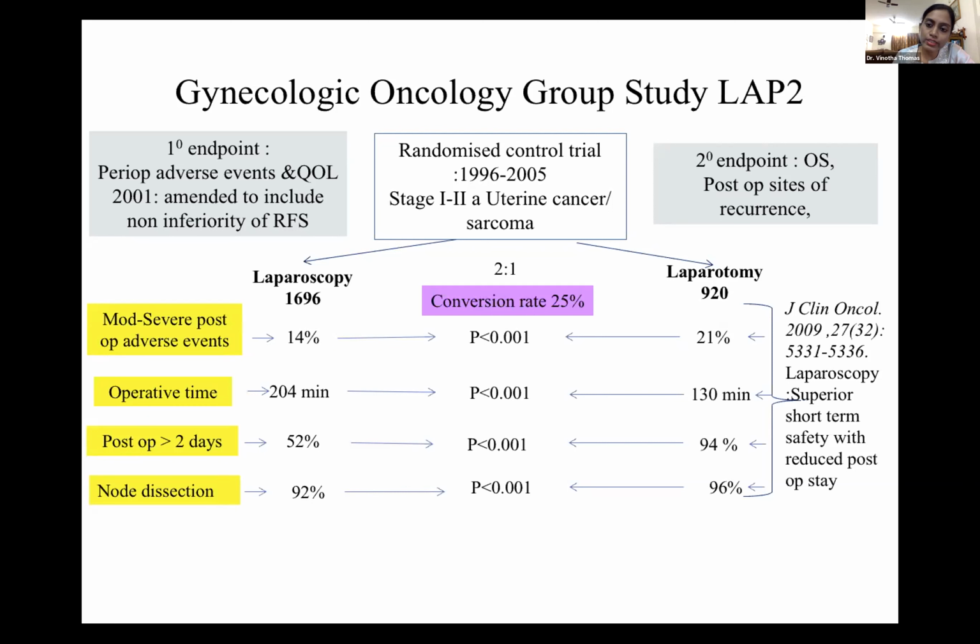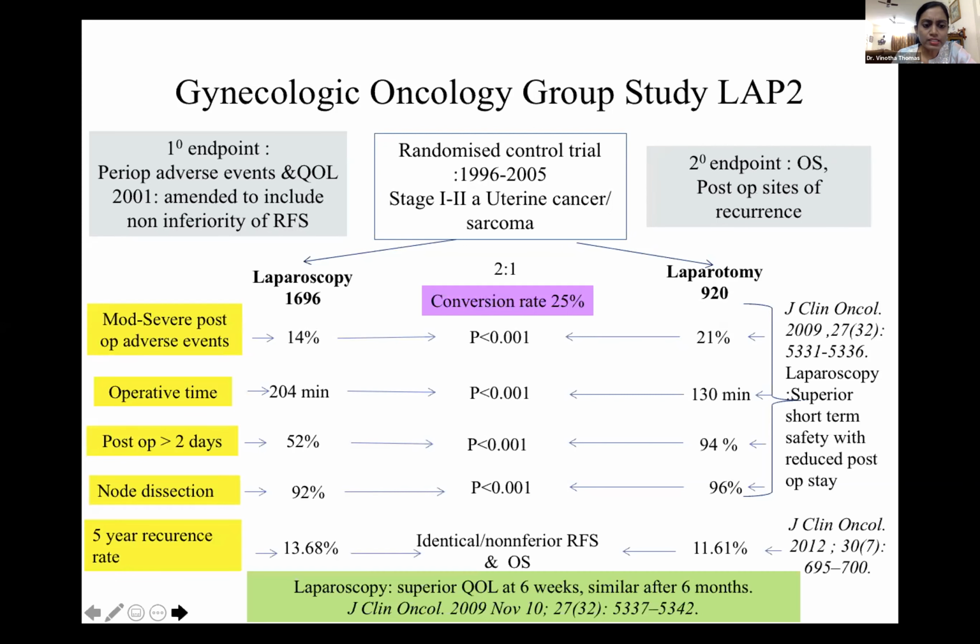They concluded that laparoscopy had superior short-term safety with reduced post-op stay. The second series came in 2012, which showed identical or non-inferior recurrence-free survival and overall survival. There was another publication which showed the laparoscopic arm to have superior quality of life at 6 weeks, but it was almost similar to the laparotomy arm after 6 months.